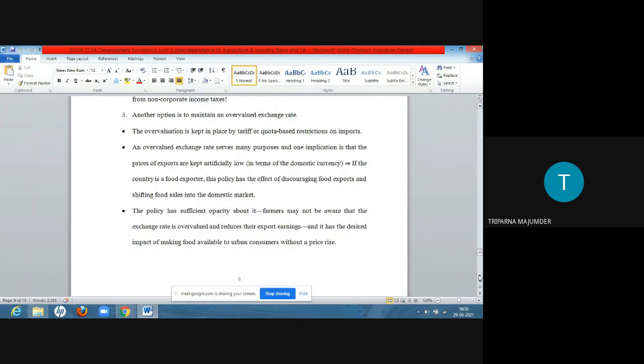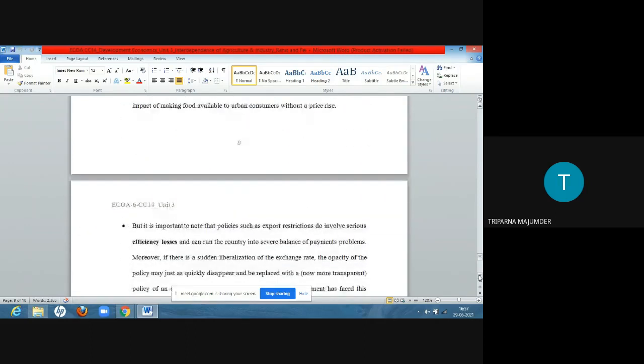The policy has sufficient opacity about it. That means it is not clear. Farmers may not be aware that the exchange rate is overvalued and reduces their export earnings. And it has the desired impact of making food available to urban consumers without a price rise.